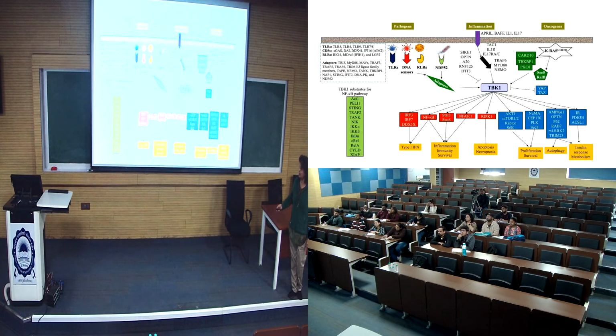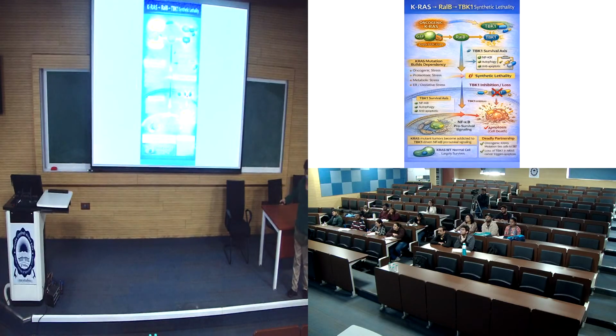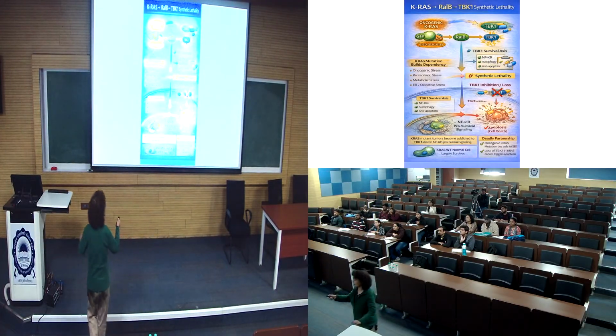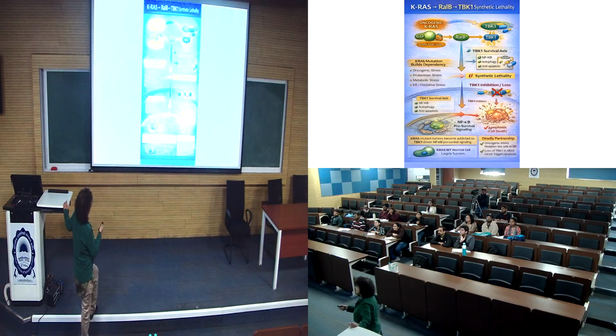Okay. So you don't have to remember anything, it's just showing you all the pathways. This is not important for you, but look at that. It provides inflammation. Cancer loves inflammation. Okay, it inhibits apoptosis and necroptosis. It promotes proliferation, survival, autophagy. So this is just summarizing the whole thing, that oncogenic KRAS usually has these mutations, and through RAL-B, it actually becomes highly dependent on TBK1.